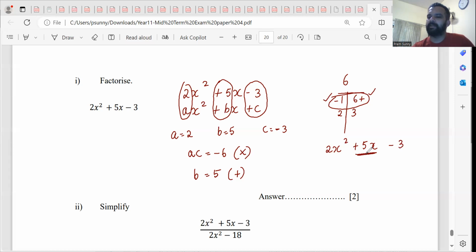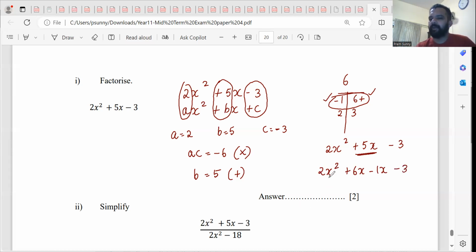So the expression becomes 2x square plus 6x minus 1x minus 3.